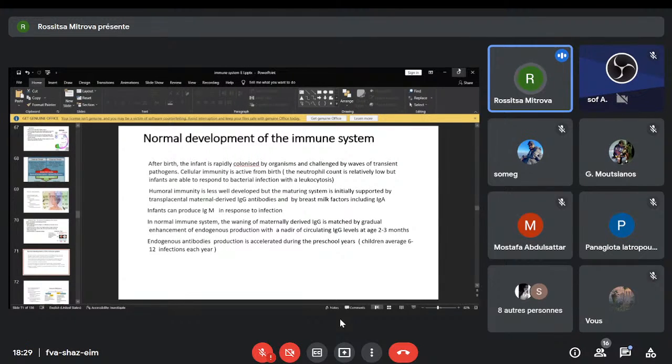Endogenous antibody production is accelerated during the preschool years. Children before the age of 5 average 6 to 12 infections each year. 12 infections means that each month they can be ill, and this is specific for the pediatric age.